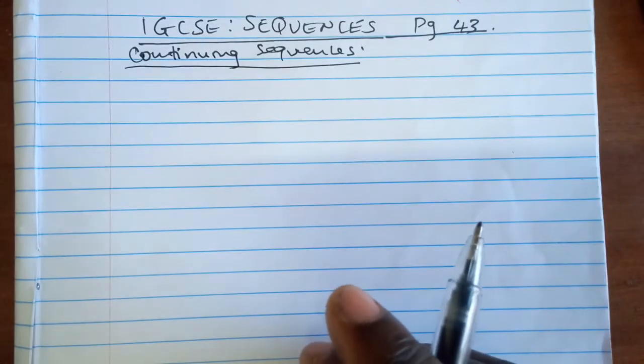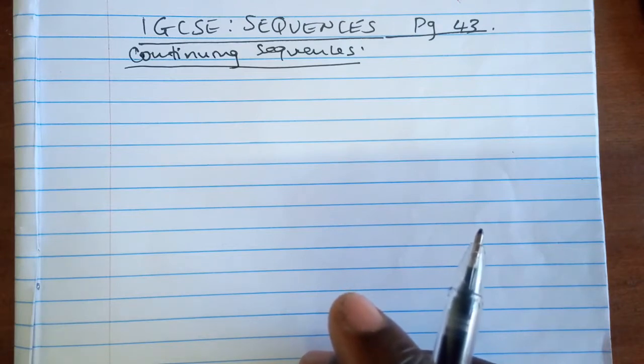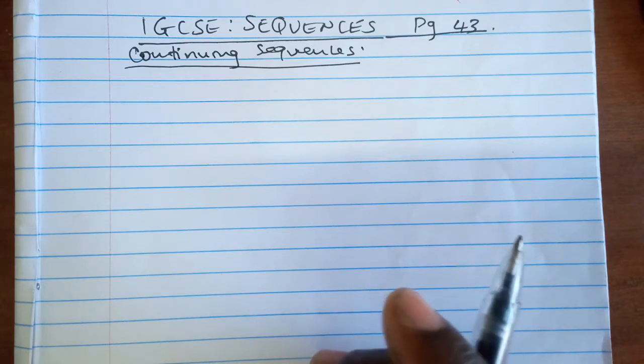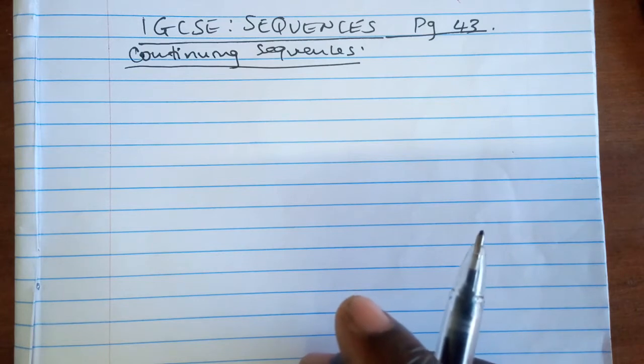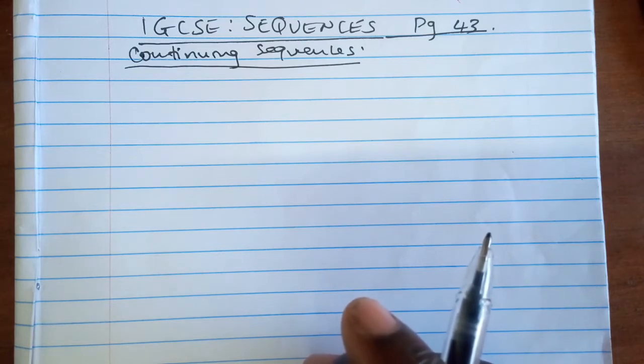We are told down there that a set of numbers that follows a definite pattern is called a sequence.